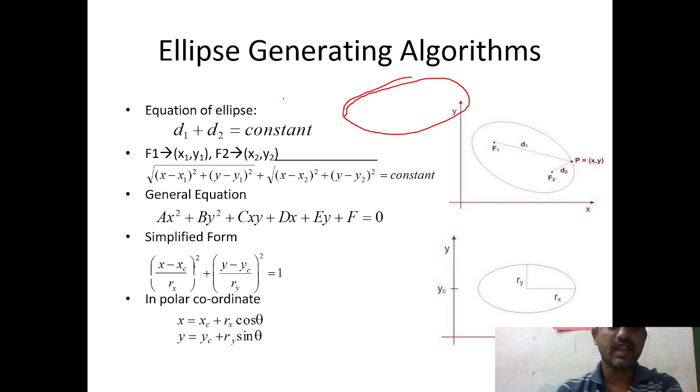The general equation is ax square plus by square plus cxy plus dx plus ey plus f equal to 0. Simplified form: x minus xc by rx whole square plus y minus yc by ry whole square equal to 1. In polar coordinates, x equal to xc plus rx cos theta, y equal to yc plus ry sin theta.